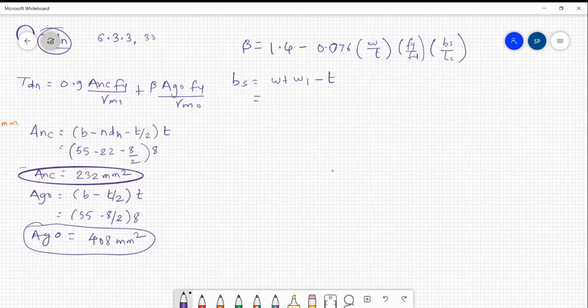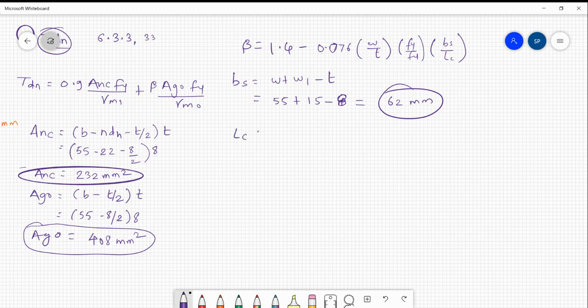So W 55 plus W1 15 minus T, thickness is, sorry, this is 8. So you will be getting 8 mm thickness. So this is 62 mm. So BS value is 62.